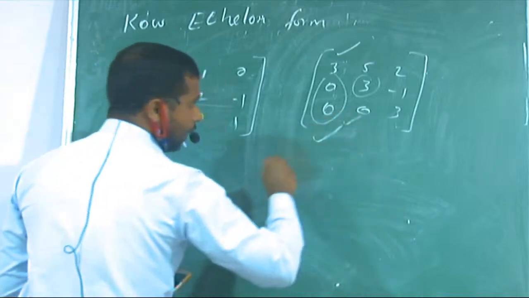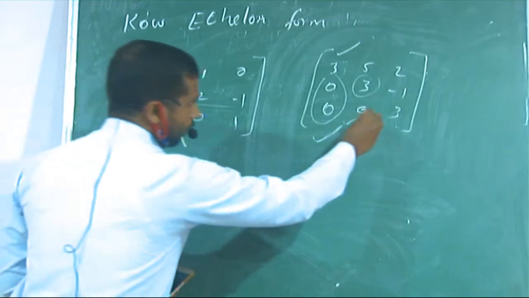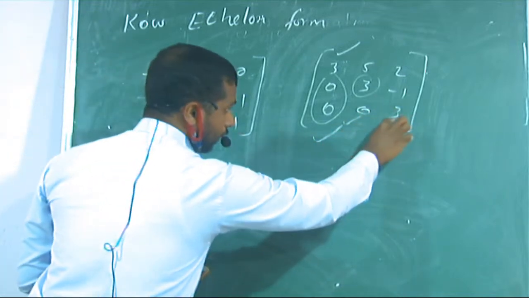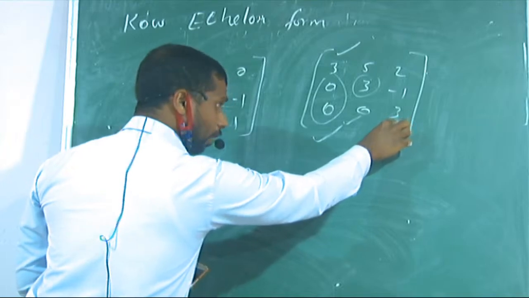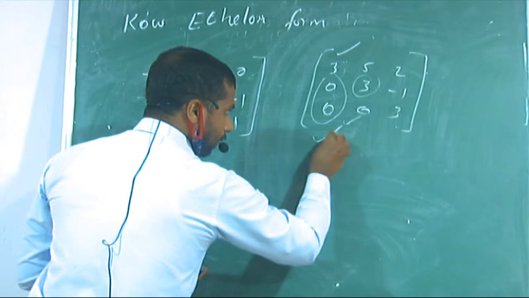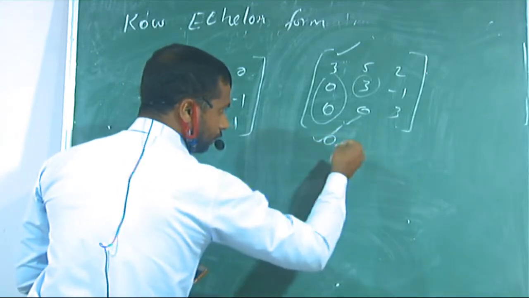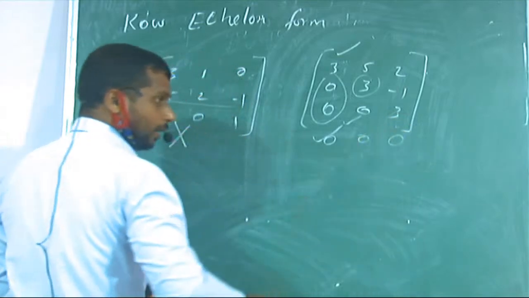This is definitely correct for row echelon form. Starting the third row, you can check it, the third element is a non-zero digit. But if you compare with the term before it, there is also 0. Definitely here also we need to show 0.